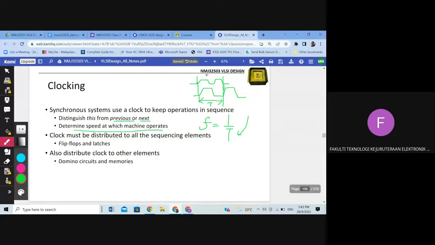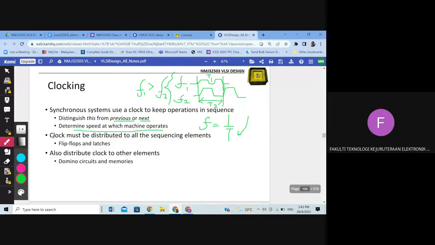This one has T1, and this one has T2. T1 gives F1, and T2 gives F2. Clearly F1 is higher than F2 because of this equation. That means we need to reduce the clock period to get a higher frequency. So the clock determines the speed.